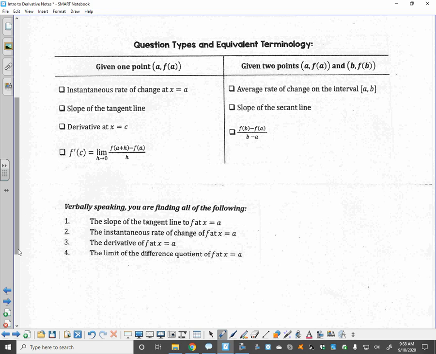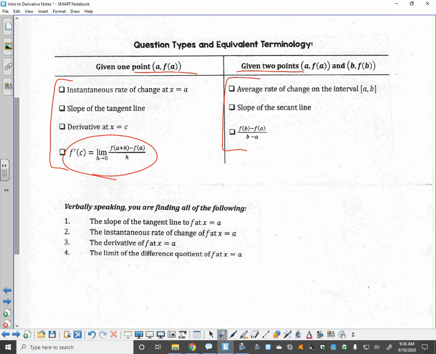You can find the slope of the secant line, or you can do slope just like we've done for 1,000 years, (y minus y) over (x minus x). So given 2 points, you're talking AROC, slope of a secant line because it hits the graph twice, and your regular slope formula. If you're given 1 point, you can now find the instantaneous rate of change at that point, which is the slope of the tangent line at that 1 point, which is the derivative at that 1 point, and this is the definition of a derivative.